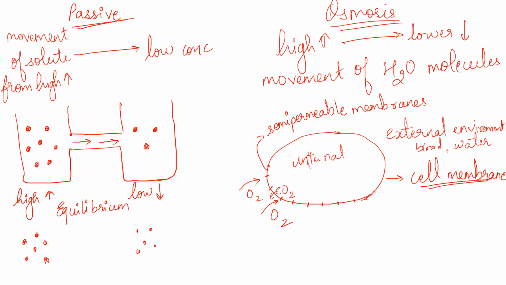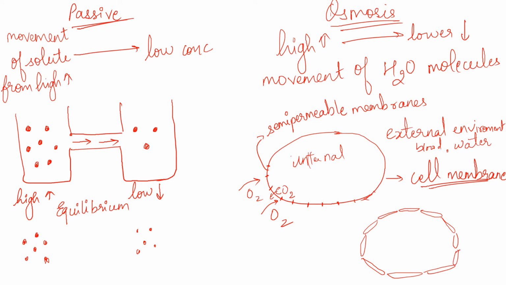Now, if I want to draw a cell, I will draw it like this. These gaps in between are the porosity. They tell you that the cell membrane is porous as well as it is selectively permeable. Okay, I hope this is clear.